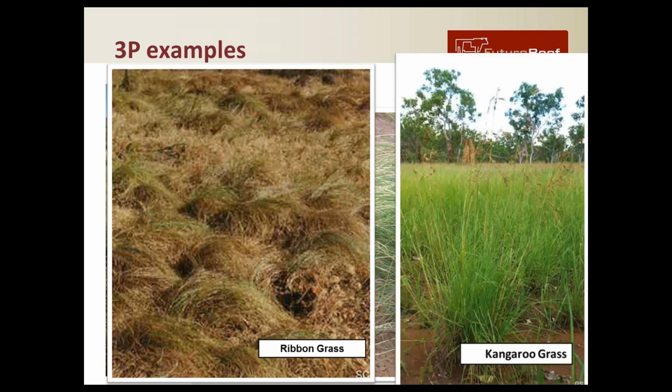The reasons these are all considered to make the number one most valuable species list is that they all live for many years. For example, Mitchell grasses can live for up to 30 years per plant if treated well. And they all produce a lot of leaf in comparison to stem, so that makes them productive, and cattle find them particularly tasty, making them palatable. So 3P grasses, when I say that, I mean palatable, productive and perennial native grass species.